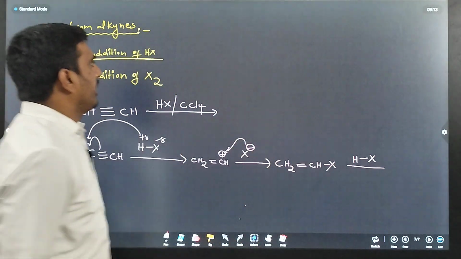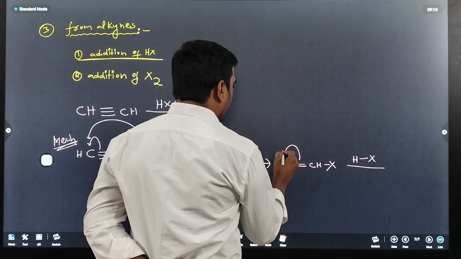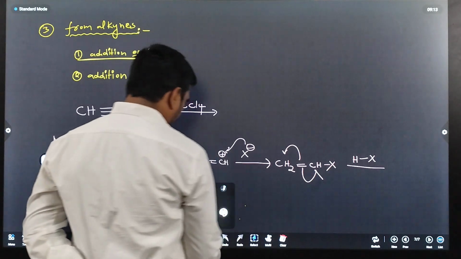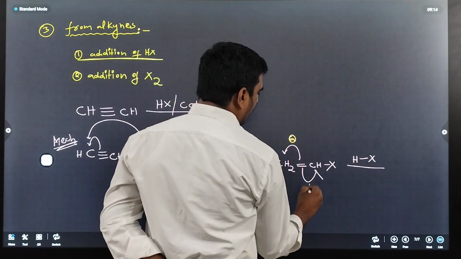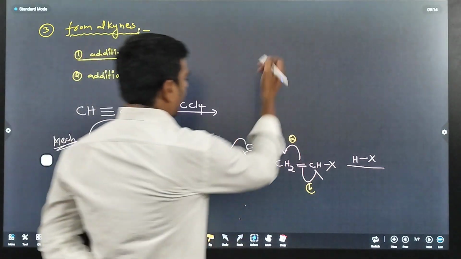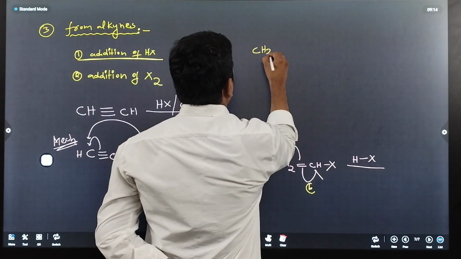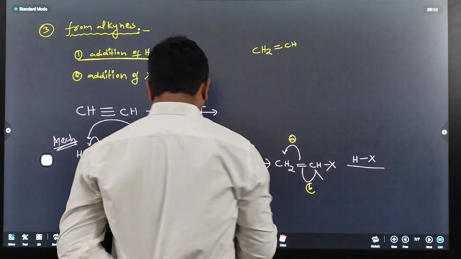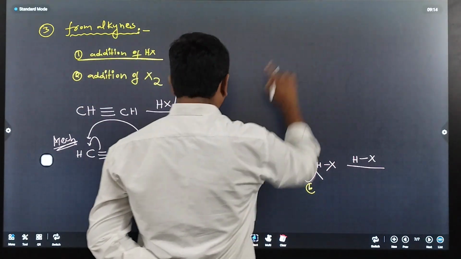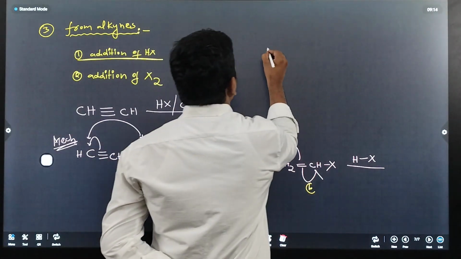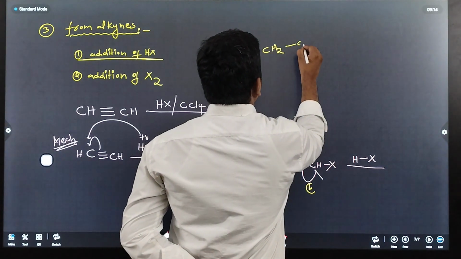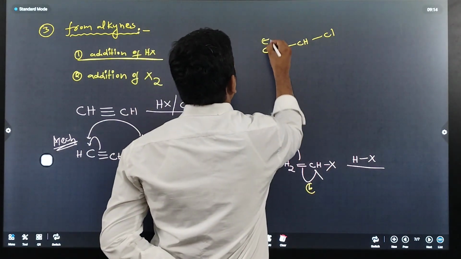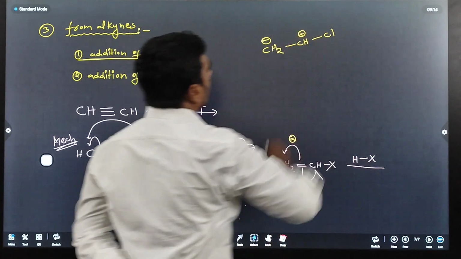So here two possibilities are there. Electron displacement towards one carbon is one possibility, and electron displacement towards the other is another. So this is possibility A, this is possibility B. In possibility A, electron displacement is towards this carbon, this gets negative charge, and this gets positive charge.